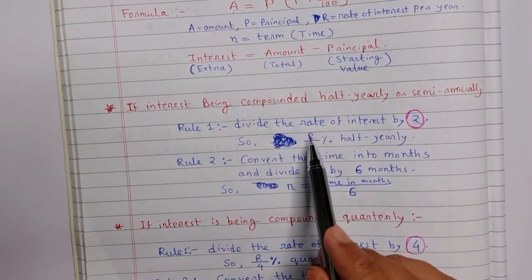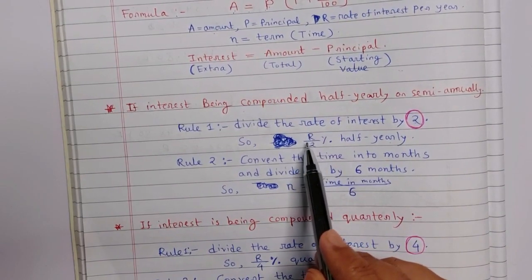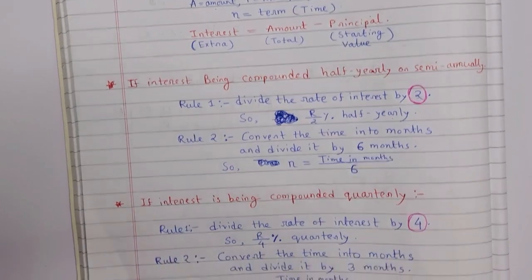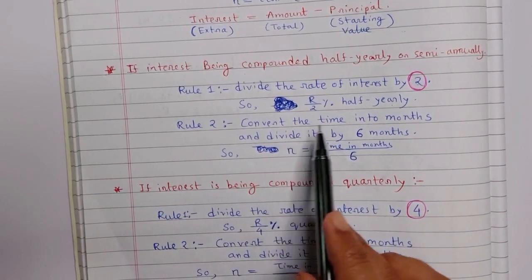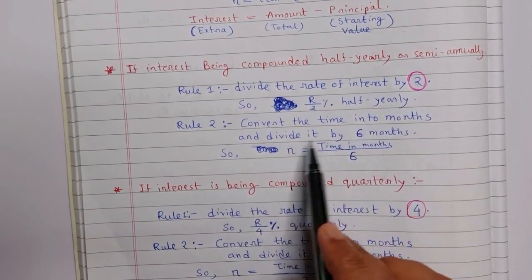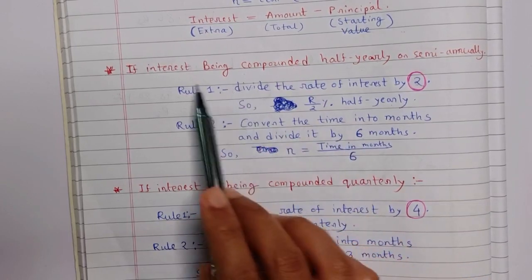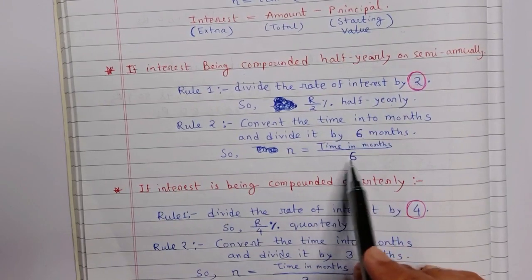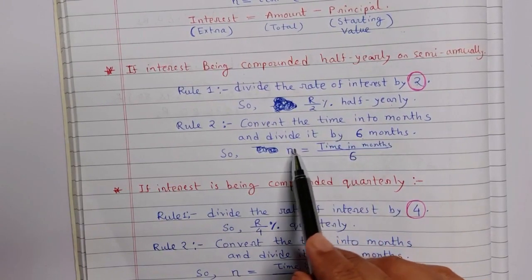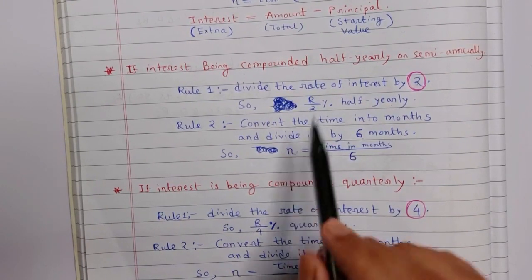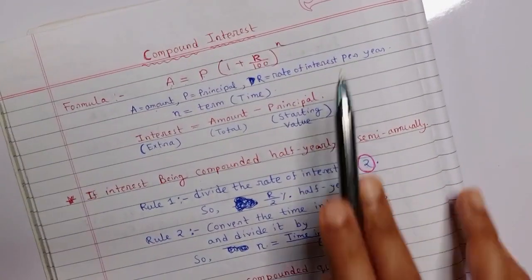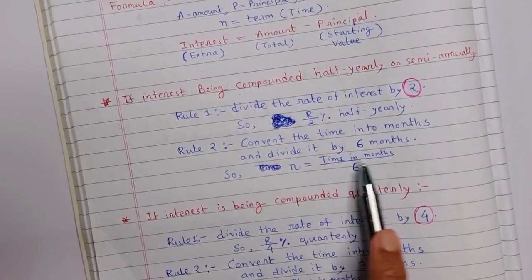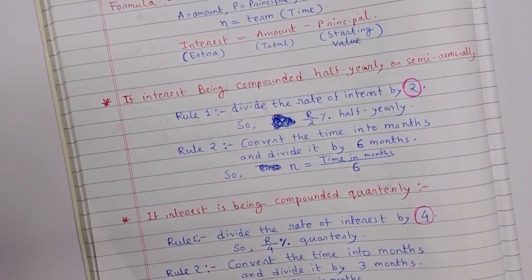So whatever rate of interest they have given, divide it by 2 to get the half yearly rate of interest. And rule number 2: convert the time into months, then divide it by 6 months, because you are calculating interest half yearly. That number is going to be your n. In the formula you had an n. That n will be time in months divided by 6.